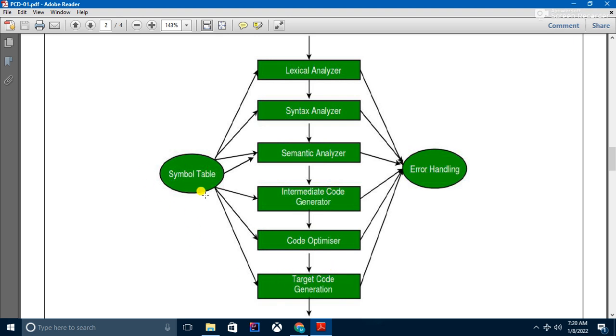And whatever necessary information is required during these stages can be fetched from another data structure called the symbol table. During this process, if any error occurs, it will be handled by another module called the error handler.